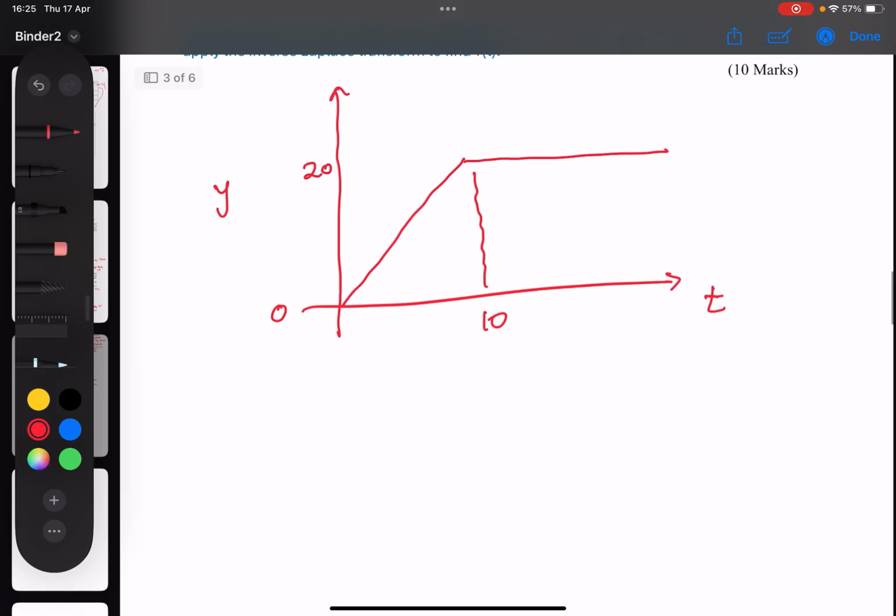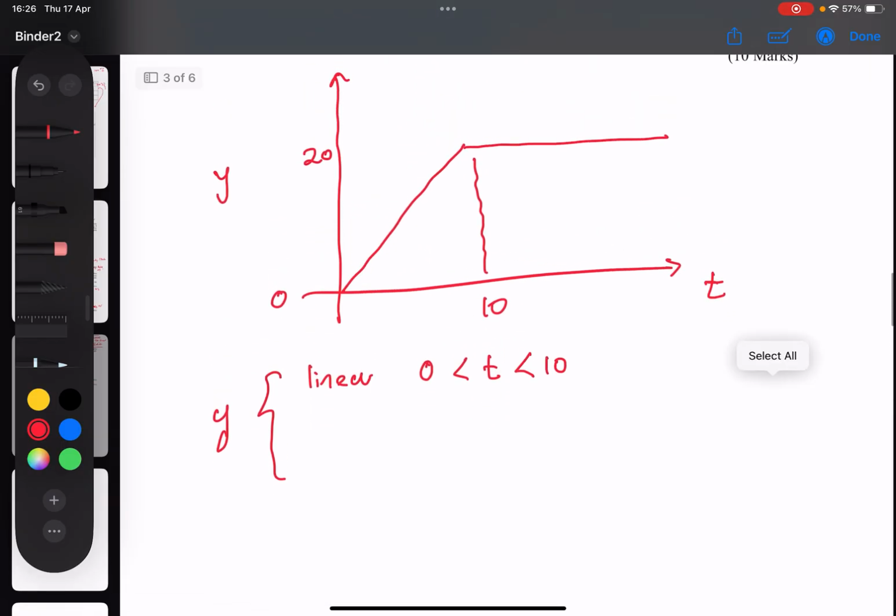I'm going to say that my graph over here, the Y, is linear for time between 0 and 10, because obviously the graph is linear, right? And then the Y equals 20 for time greater or equal to 10.